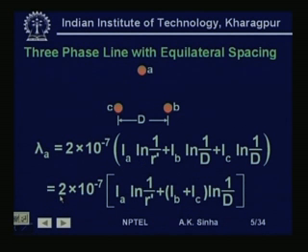This is equal to 2 into 10 to the power minus 7 I A ln 1 by r dash plus I B plus I C ln 1 by d, that is we have combined these 2 terms, so we have got this.